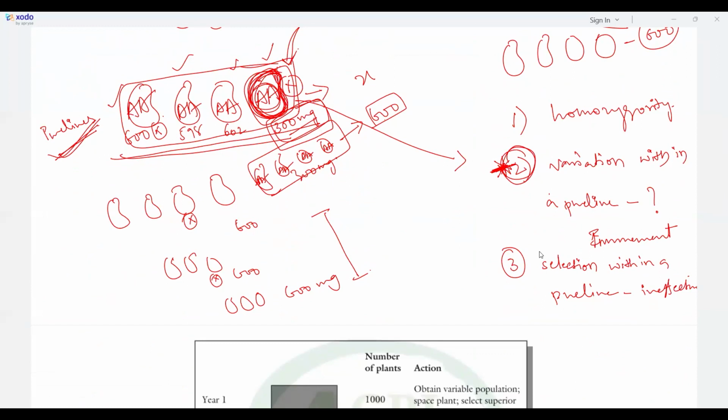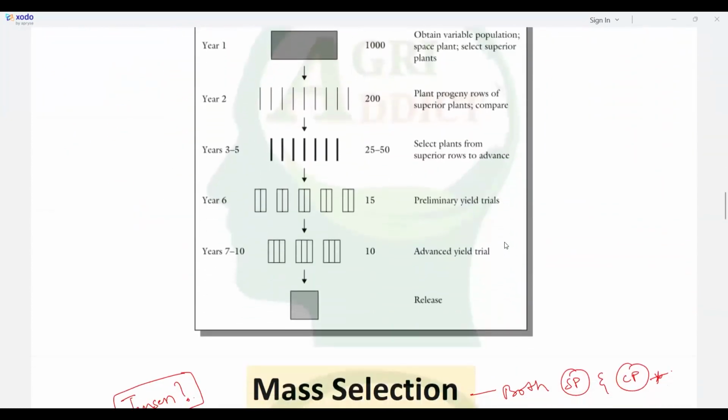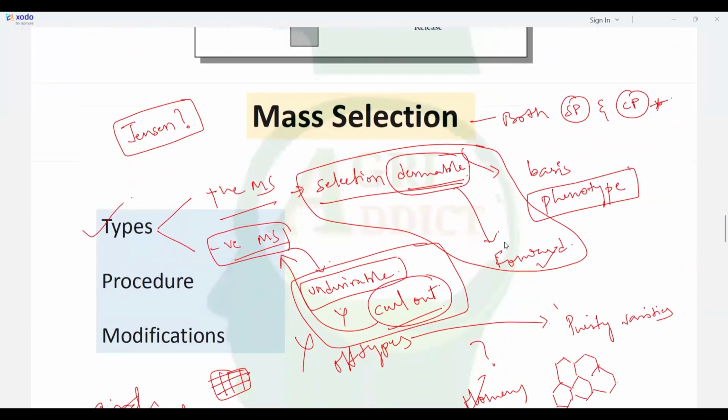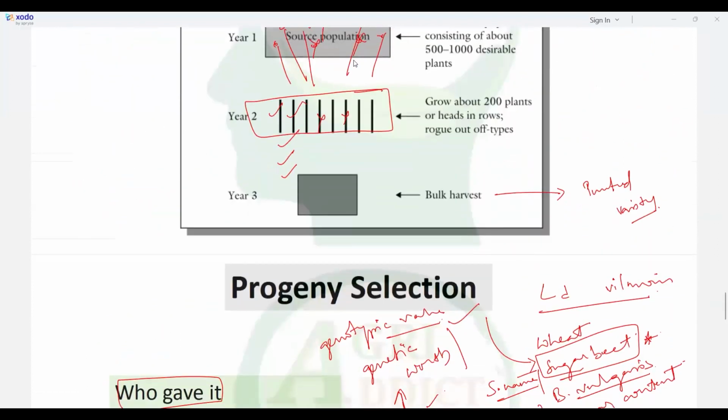What will be the common chromosome number in most of the pulses? How much? 22. Okay. You just read about this.